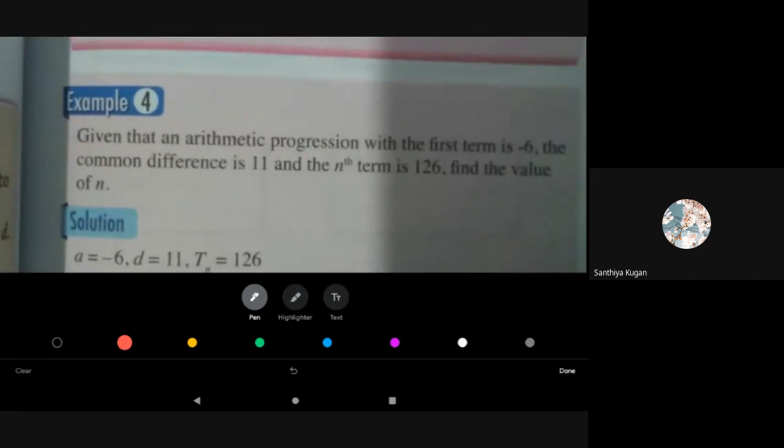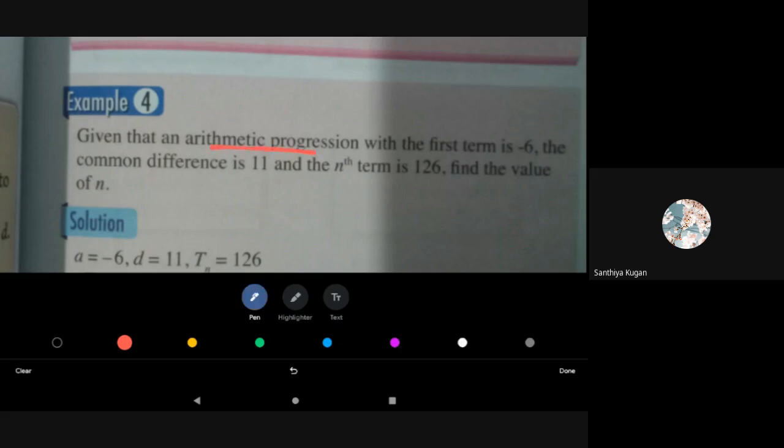So given that an arithmetic progression with the first term is negative 6, the common difference is 11, and the nth term is 126. So we want to find the value of n. Here, the information given is that this is an arithmetic progression.